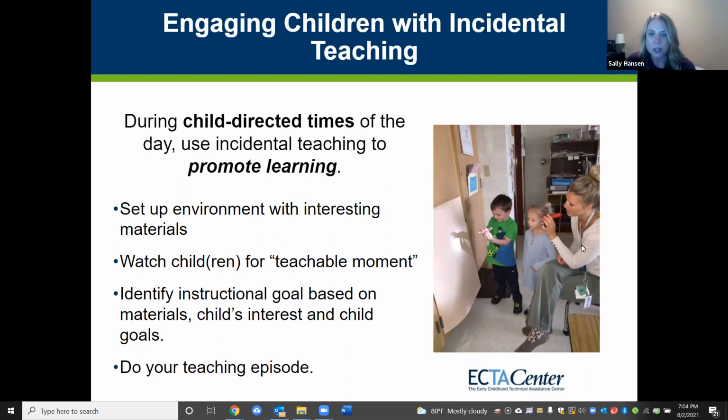The difference between a teachable moment and incidental teaching is some intentionality. So if we're at the sensory table and a number of children are playing with the water, and there are different colored buckets and different sized containers, and we take advantage of a teachable moment by asking them which one is largest, which one is smallest, that would be natural in the moment.